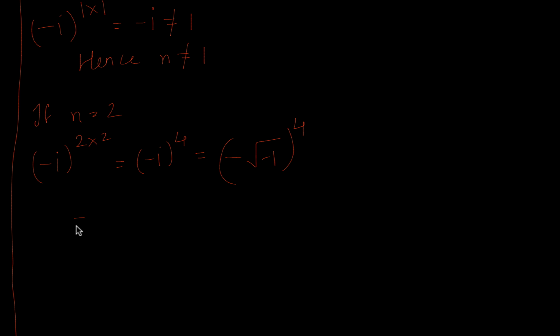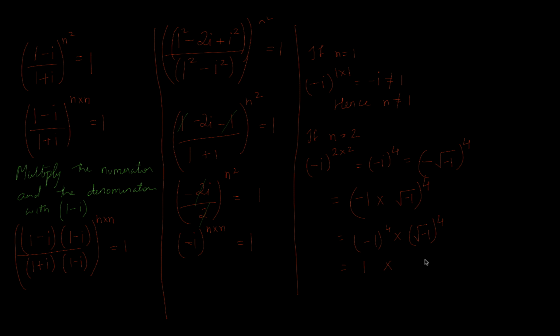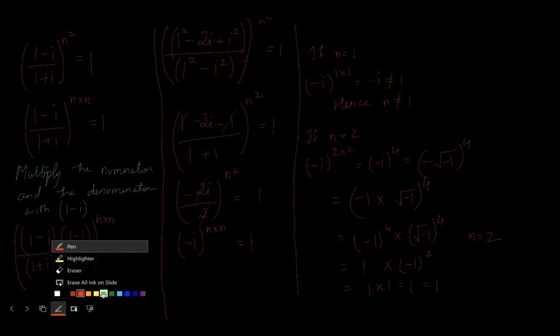Now this expression can be written as (minus 1) the whole power 4 into (root of minus 1) the whole power 4, which is 1 into (minus 1) squared, naturally, which works out to be 1 into 1, which is equal to 1, which obviously was equal to our right hand side. In this case, n equal to 2 is correct.